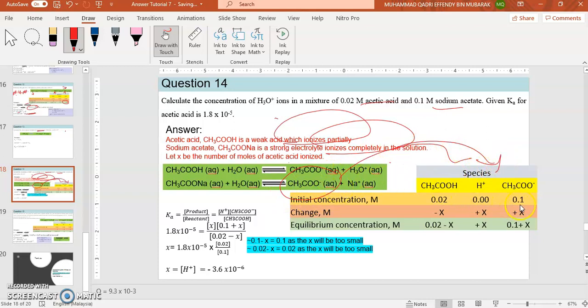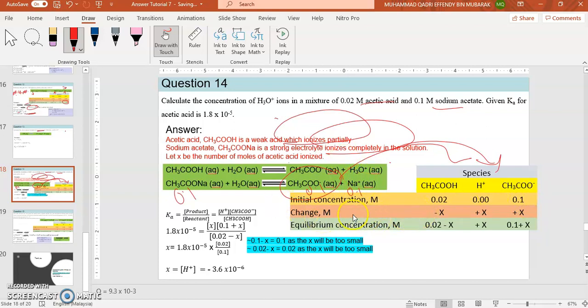At the initial stage it has 0.1, because it will dissociate completely. So that's why we have 0.1 molar of acetate ion and 0.1 molar of sodium ion.